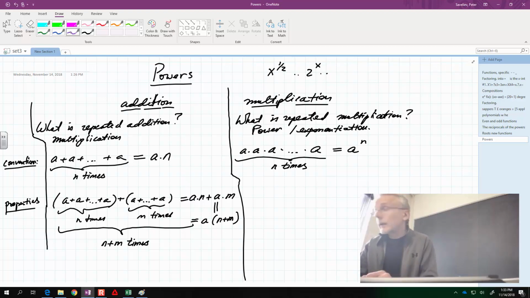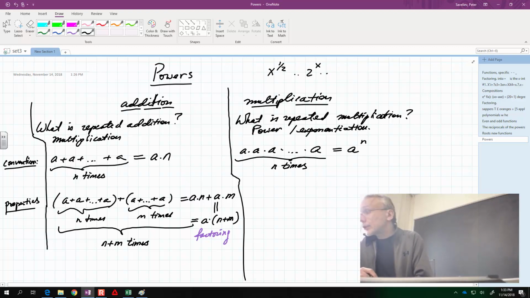We are factoring. So we start with nothing but the idea that multiplication is repeated addition, and that's how we establish factoring, by just counting the number of times that number appears. If it appeared n times and then m times, altogether it appears n plus m times, which simply means multiplication of a by n plus m.